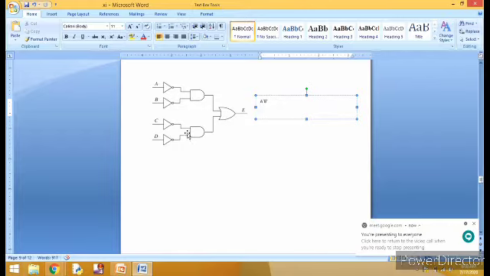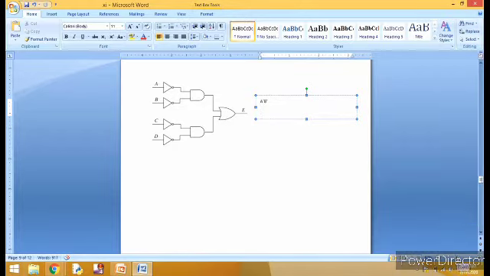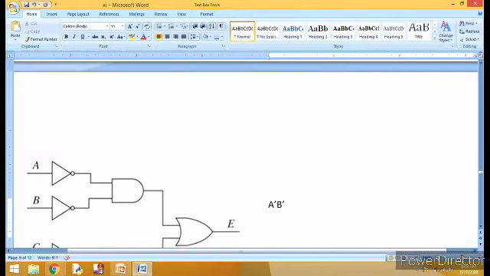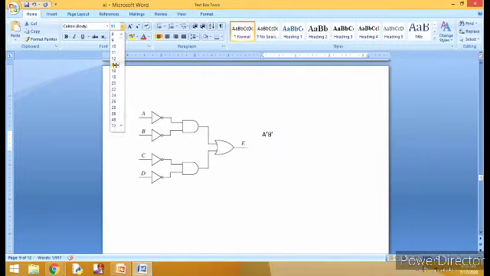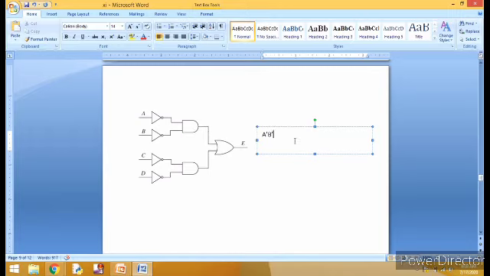Now moving to the next one. Is it visible or not? I will make it a bit bigger. Now is it visible? Yes, sir. So from this AND operator you are getting the output A dash B dash, and from this AND operator, what output are you getting?